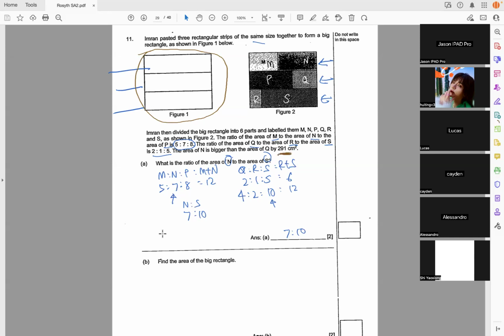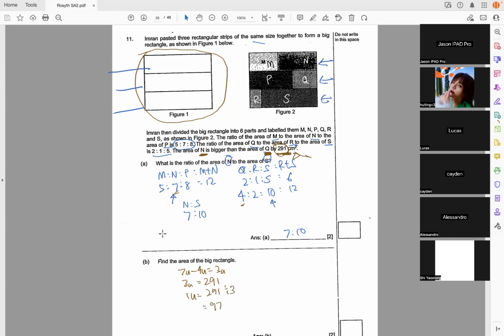It refers to the difference between N and Q. N is 7, Q is 4. So the difference is 3 units, and 3 units will be equal to 291. So 1 unit will be equal to 291 divided by 3, and you get 97.